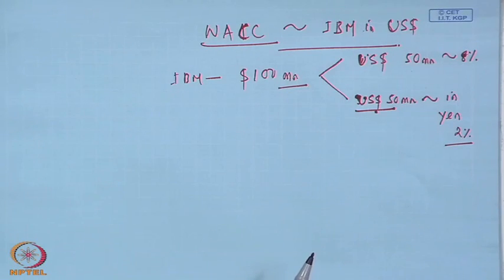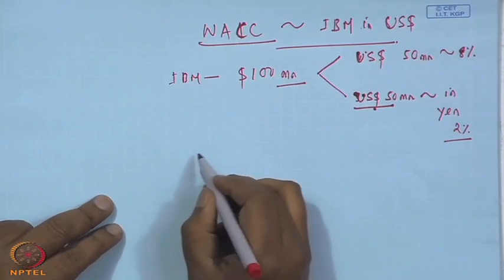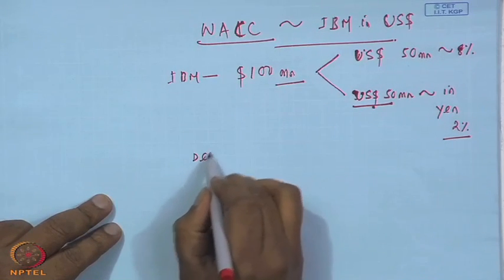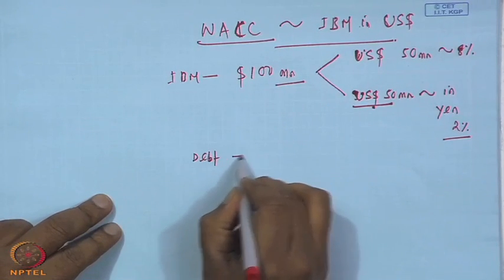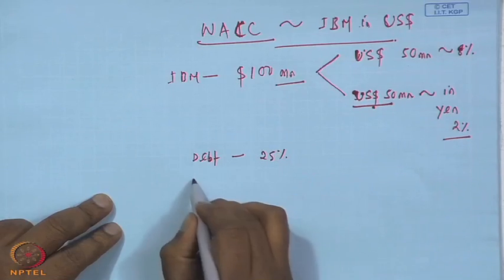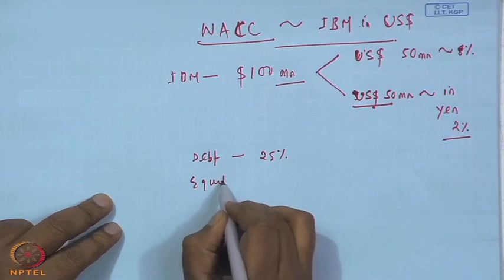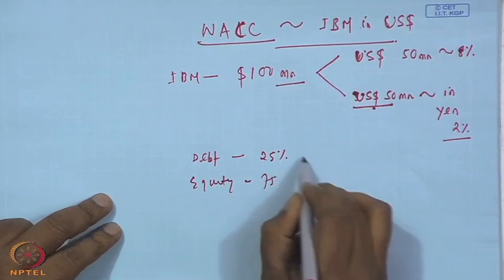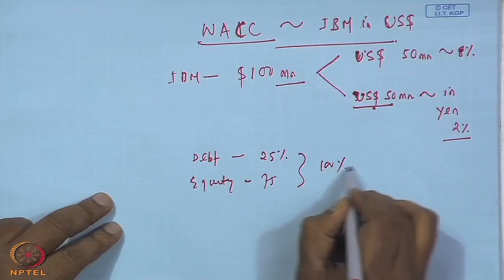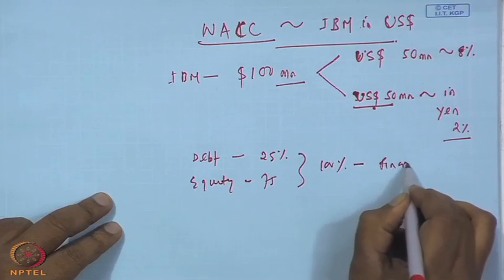In the company capital structure, debt is 25% and equity financing is 75%. This total of 100% is the financing pattern.